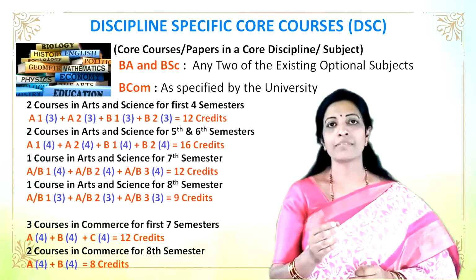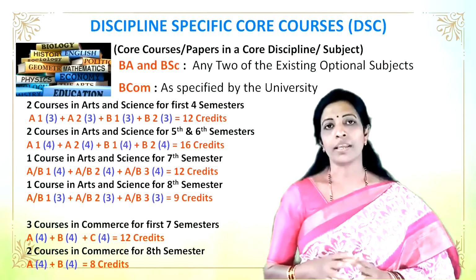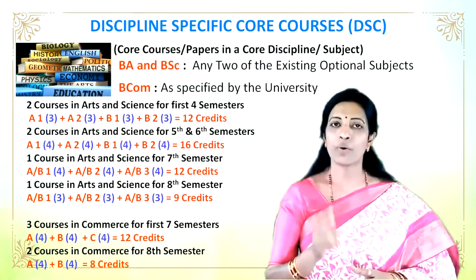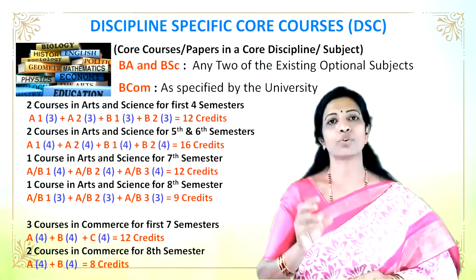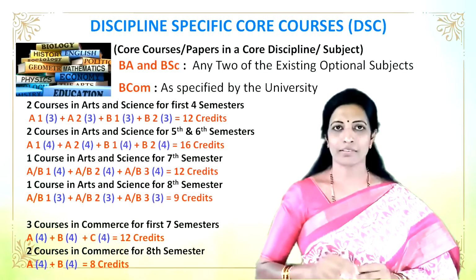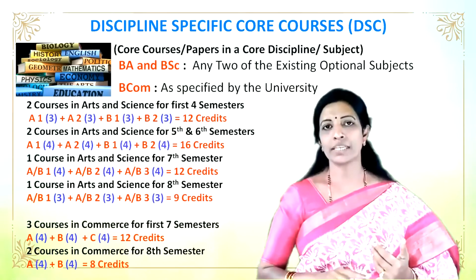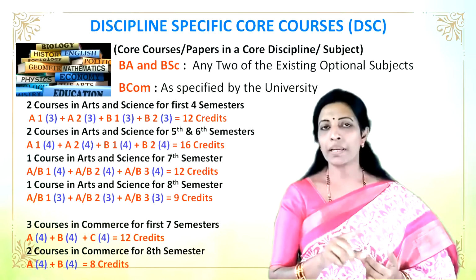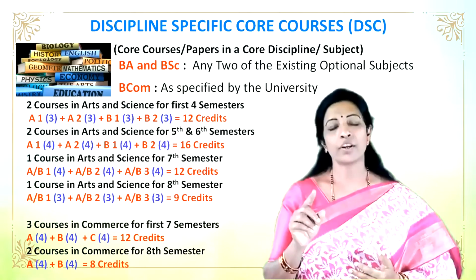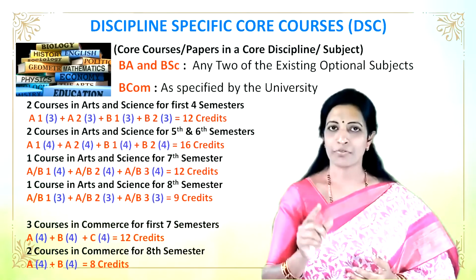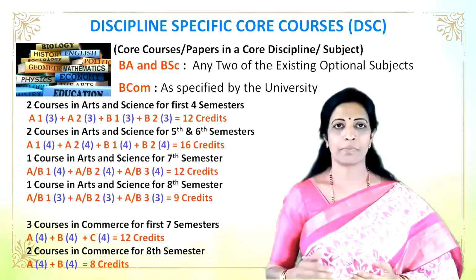These papers will carry 3 credits each. So, totally, the student will accumulate 12 credits in each of the first 4 semesters if he manages to complete his core courses successfully. So, a student who has studied sociology and economics and completed all his papers successfully will earn 12 credits at the end of the first semester, second semester, third semester, and fourth semester.